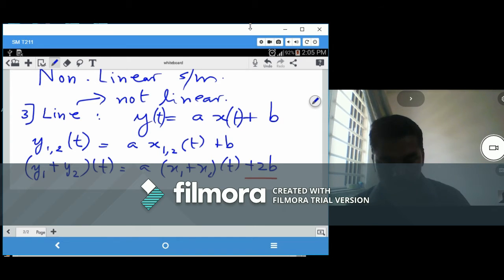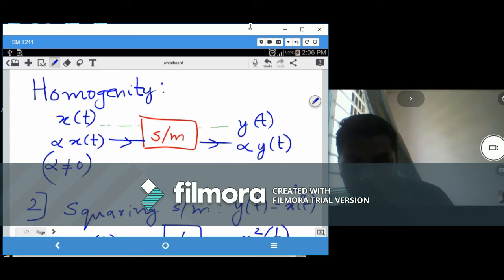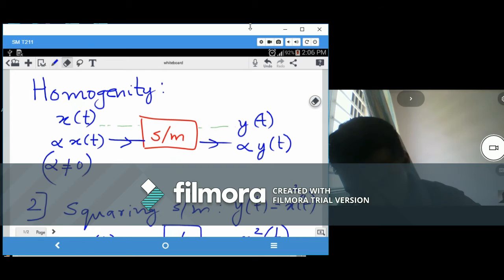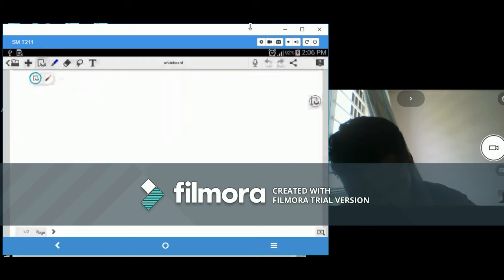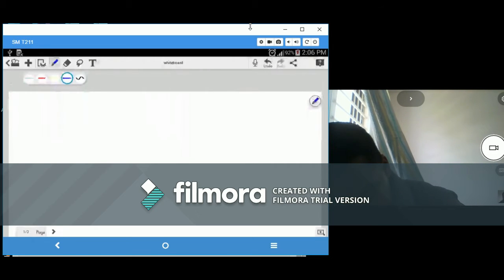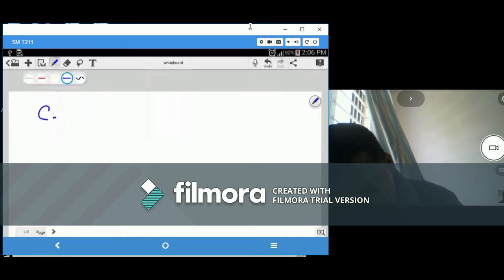Now we shall go into some other classes of signals as well as systems. Now we have learned a class of systems which are known as the linear systems. So let us consider this class of signals now, which is a continuous time signal.